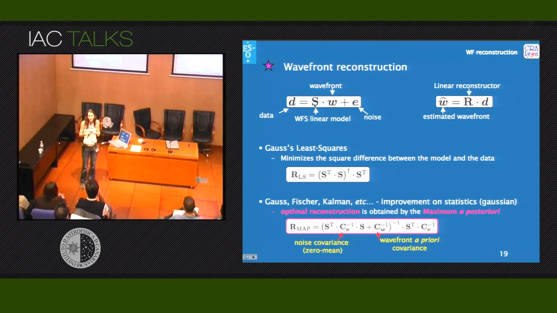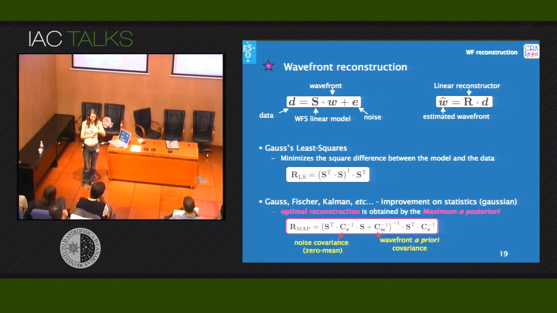On the subaperture where you are measuring the displacement of the spot, it's just the half sum of the difference between the sides of the subaperture. It's just a finite difference relation, a linear combination.